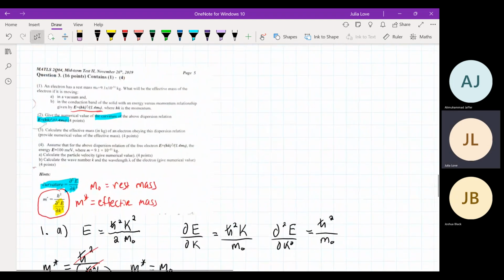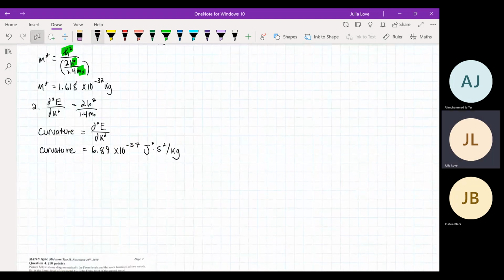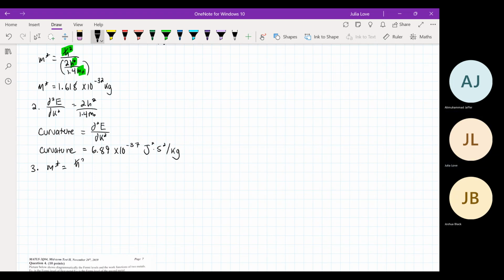Okay, and then we have question 3, which is asking again for the effective mass of an electron obeying the dispersion relationship. So we already know that this is the value here for the second derivative. So going back to the equation for part 3, that m star is equal to h bar squared over d squared E over dk squared.